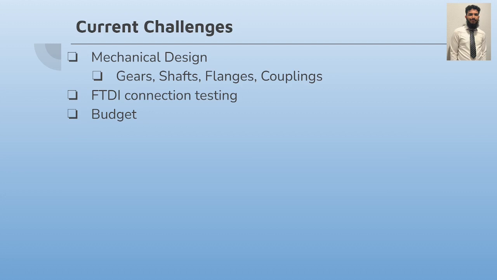So the current challenges we're facing mostly is in the mechanical design of our project because none of us have much experience with mechanical design. So creating the connections between the turbine and motor are proving to be more challenging than we first thought, but we're getting close to the end.